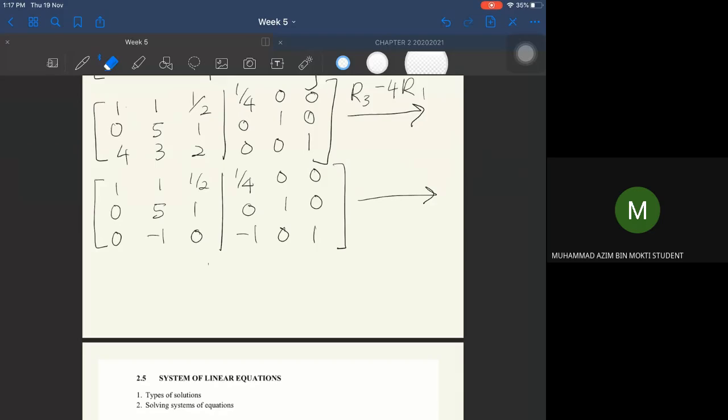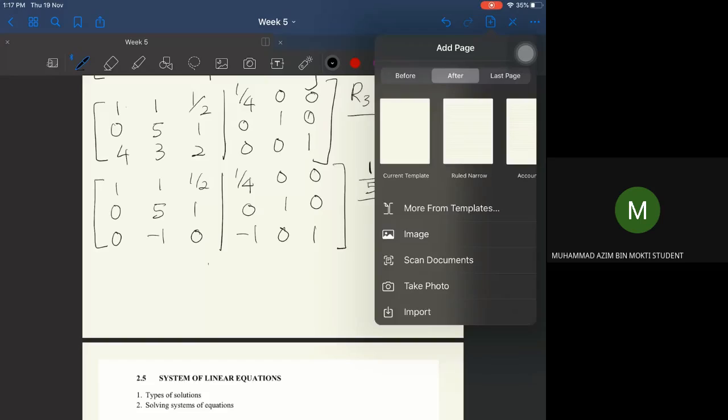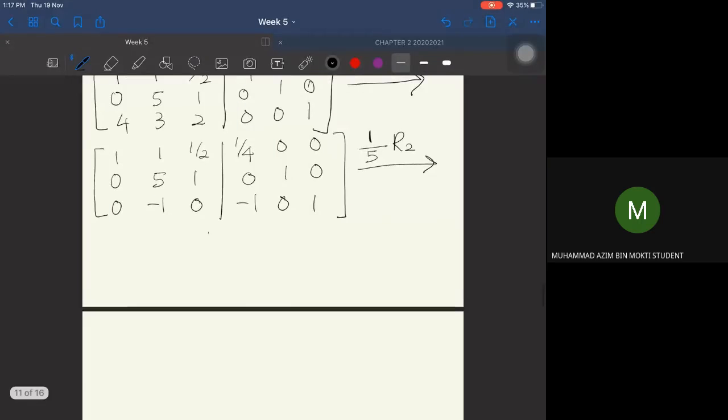So, macam mana? Kita akan buat 1/5 R2. Ya, betul. Dengan menggunakan 1/5 R2, so you akan dapat 1, 1, 1/2, 0, 1, 1/5, 0, -1.